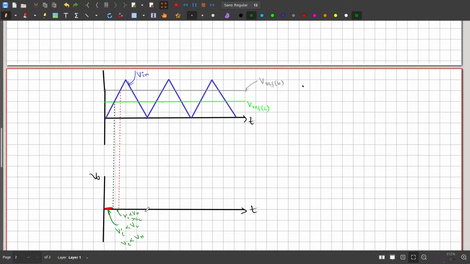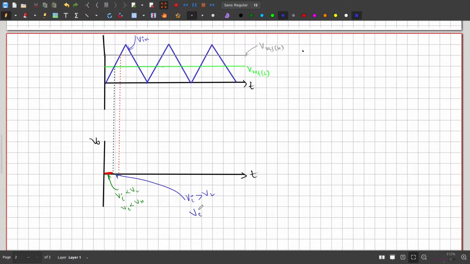So in this region, Vi greater than VL and Vi less than VH, it is logic high.